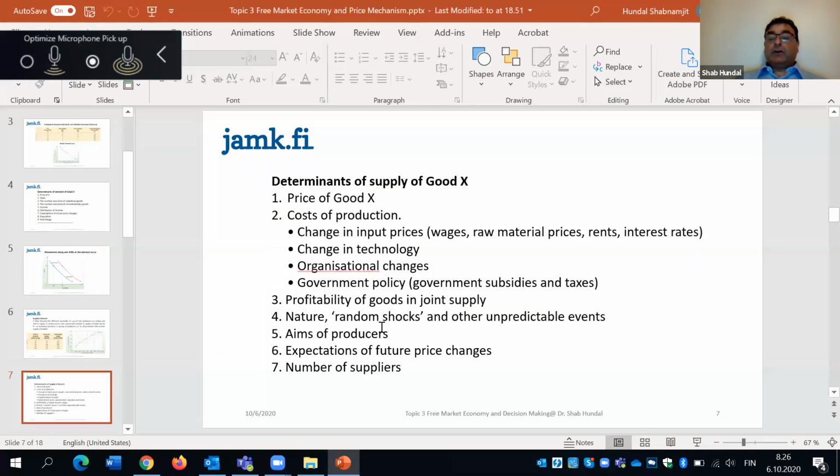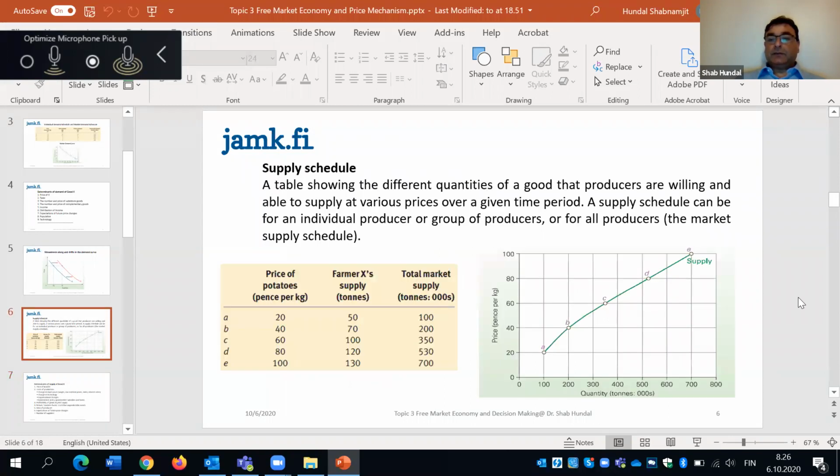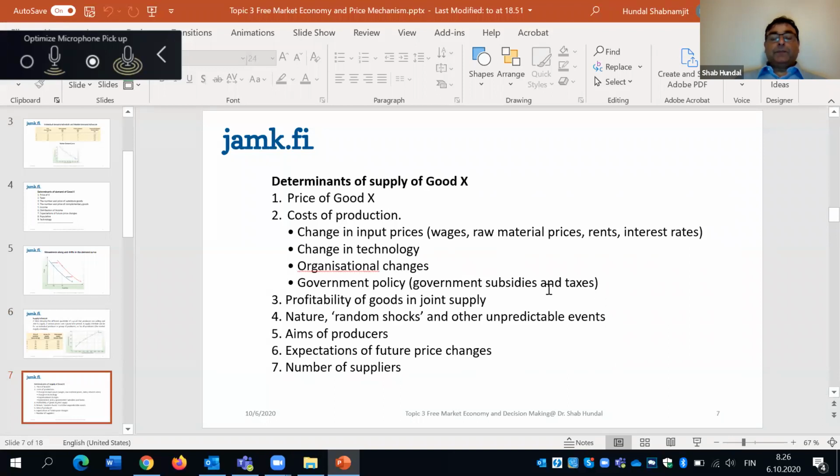The profitability of goods in joint supply. Sometimes products are supplied jointly. For example, when you are growing sugarcane, I don't know if you have seen a sugarcane farm, but sugarcane helps to produce sugar, of course.